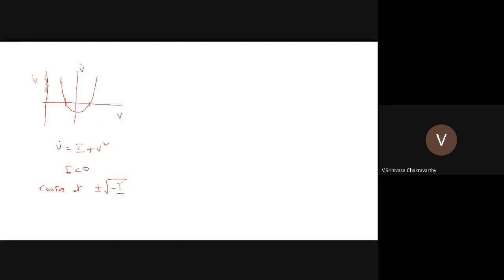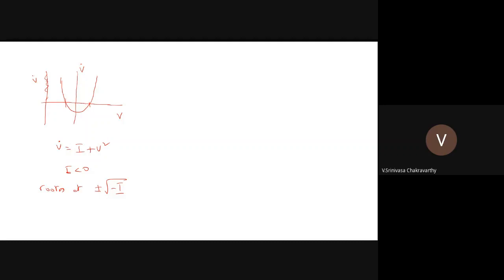So let us see what happens here. On this curve V dot is 0. If you go above this curve, V dot is positive, and below that V dot is negative.